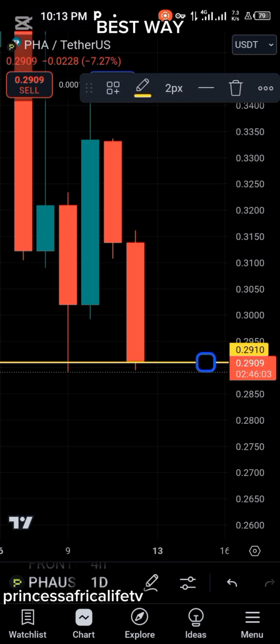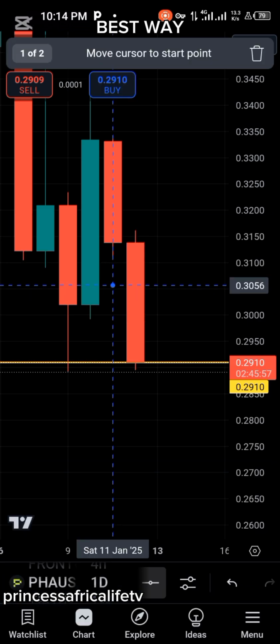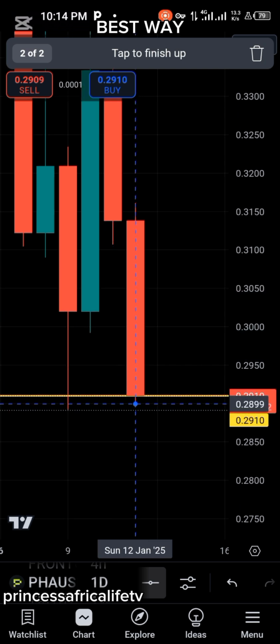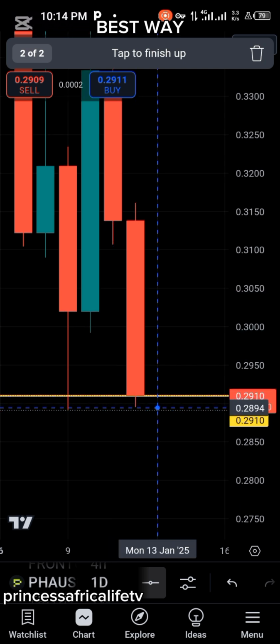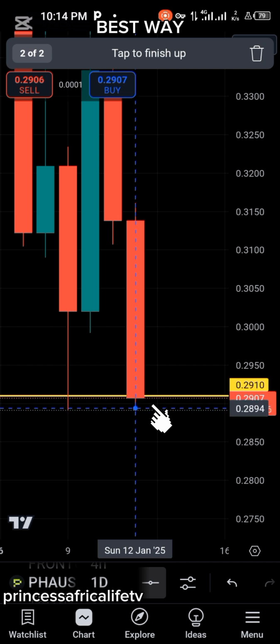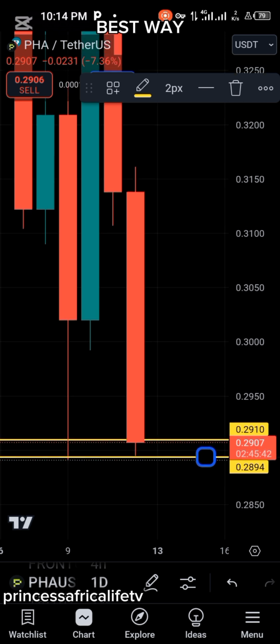Okay, and then you take another one. Make sure you expand it so you can see the wick. That is this small thing that looks like a tail here. You place it on the last one here. Okay, am I correct? Yeah.